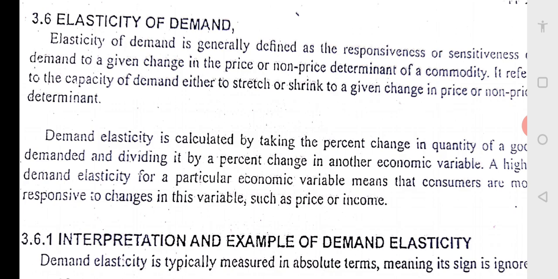Got it? So price elasticity will tell you the change in demand quantity divided by change in price. There are actually 5 types of price elasticity for demand. But the two main important types of elasticity are price elasticity and income elasticity.